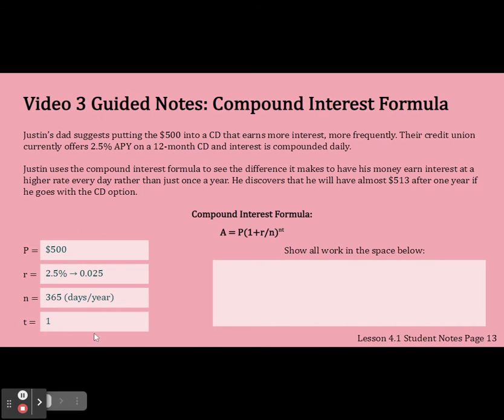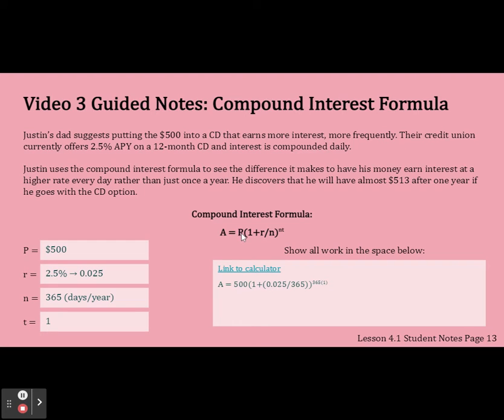So we're going to take these numbers and substitute them into our formula. I have also given you a calculator right here. Once you've written out the formula, you can actually just plug the expression into this calculator and it'll give you the answer, but I'm also going to show you how to work it out step by step. So the first thing we're going to do is put A equals 500 times 1 plus 0.025 divided by 365 to the 365 times 1 power.